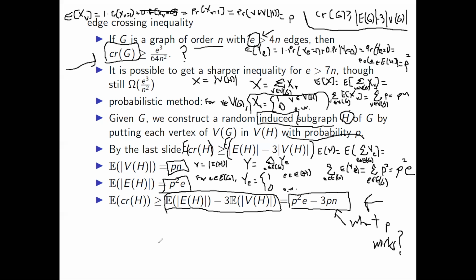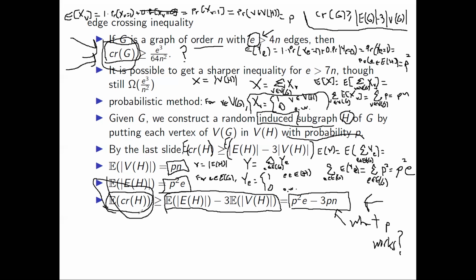And notice that right here, this expectation of CR of H, this is not CR of G. It's a CR of H. It's expectation of CR of H. And you want a CR of G. So how can you express expectation of CR of H in terms of CR of G? And you don't necessarily need an equality.